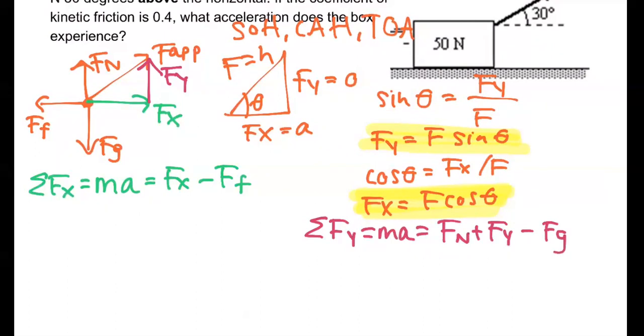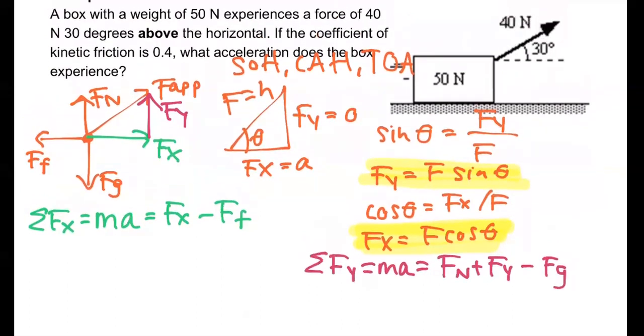Now we've got a situation here where our box has a weight of 50 newtons. This is not kilograms. This is basically telling me my force gravity here. So my force gravity is 50 newtons. If I want to figure out my mass from here, I need to say that force gravity is equal to m times g.